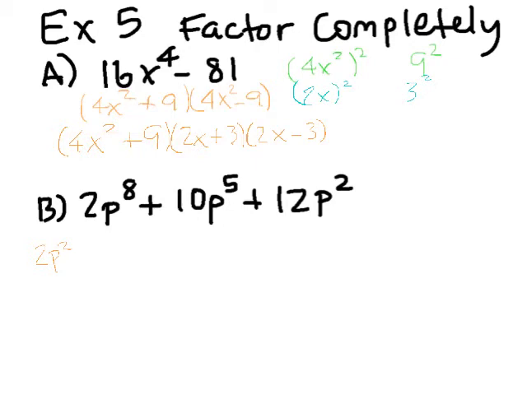And when I do that, I'm going to end up with p to the 6th plus 10p to the 3rd plus 6. Oh, good Lord. This should be 5p, and this should be 5p.